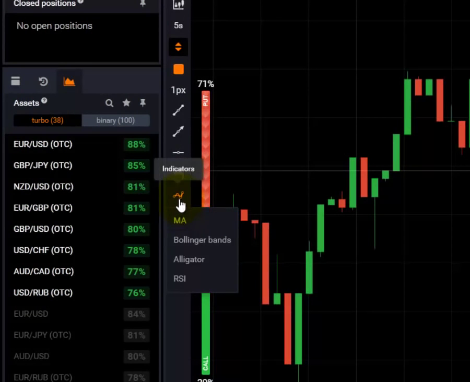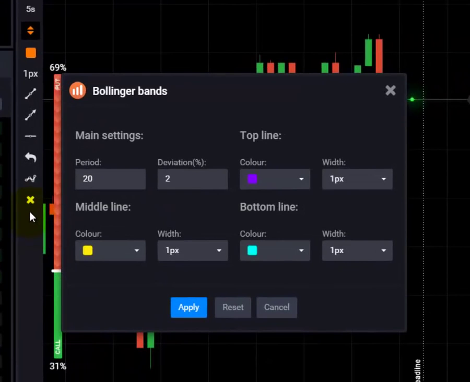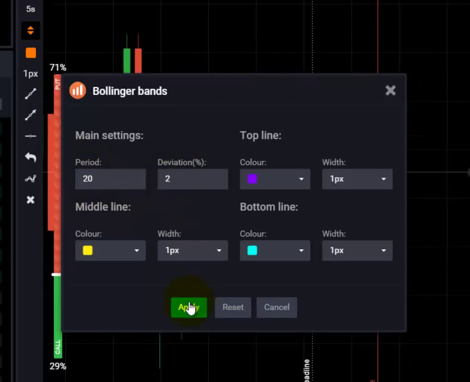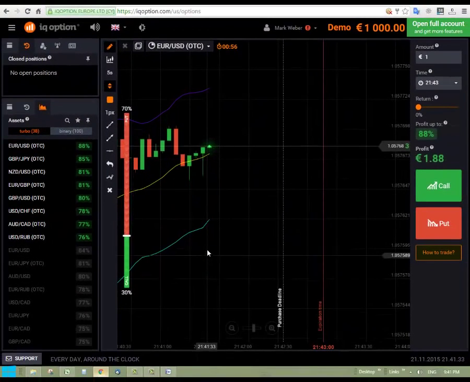The first indicator is the Bollinger Bands. We press the Bollinger Bands and we see the main settings. We leave the period on 20 and a deviation of 2, and we hit apply.